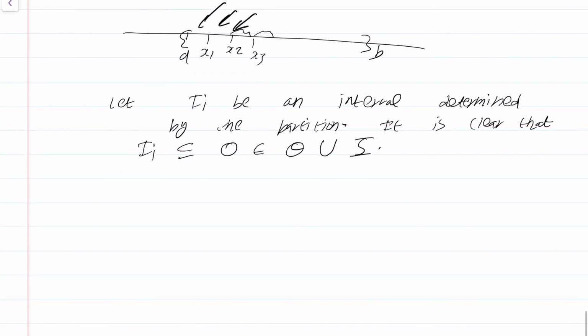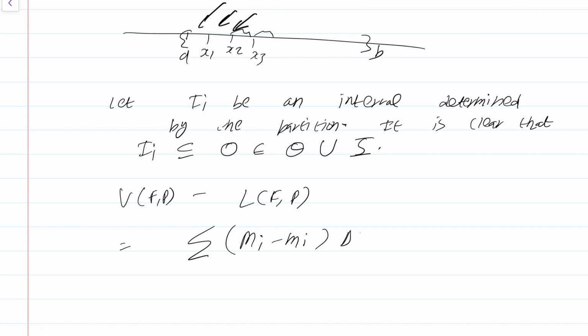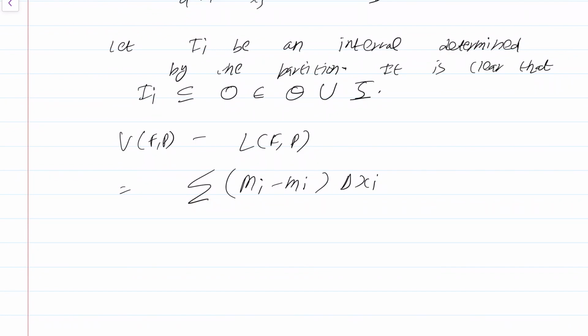Okay, now let's get back to the business of estimating U(f,P) minus L(f,P). So U(f,P) minus L(f,P) is just equal to the summation of capital M_i minus small m_i times delta x_i. So you break this sum into two pieces.